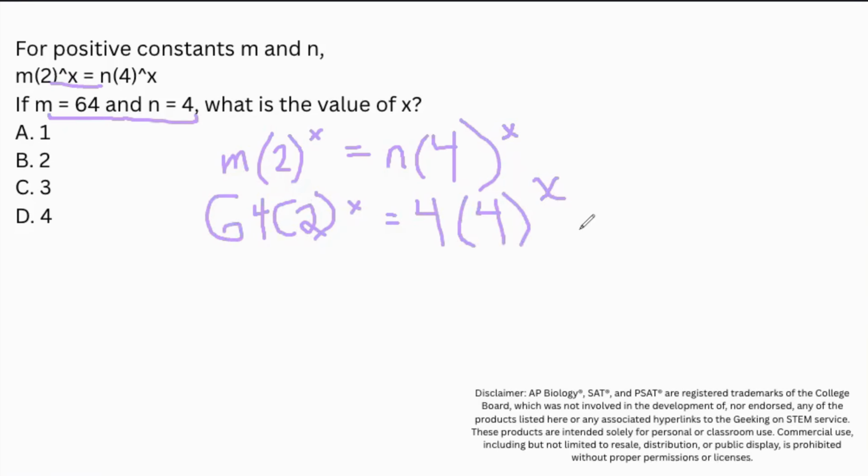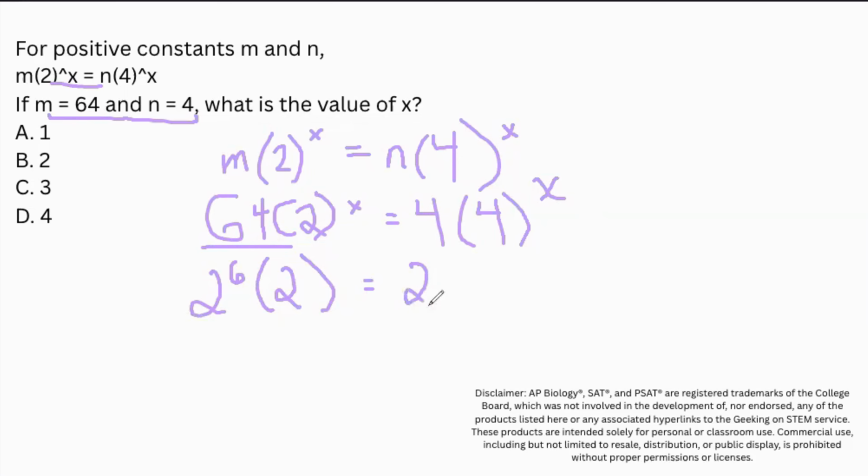So now we want to find the same base. How I would do it is tackle it noting the powers of 2. So if we say 64, you can plug this into Desmos and realize this is the same thing as 2 to the 6th power. And 4 is the same thing as 2 to the 2nd power.